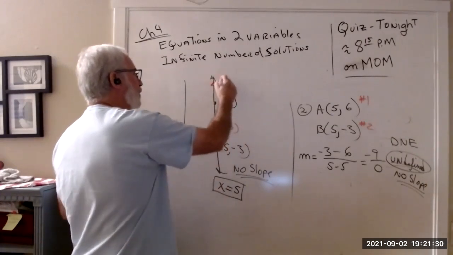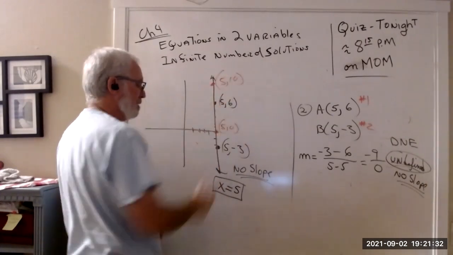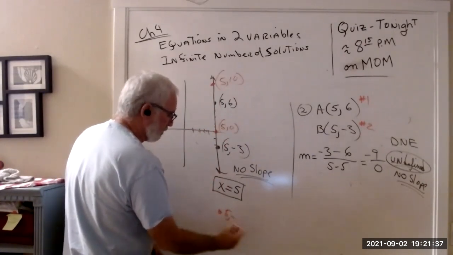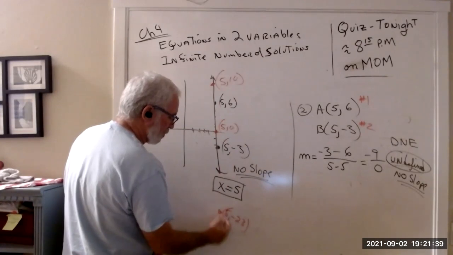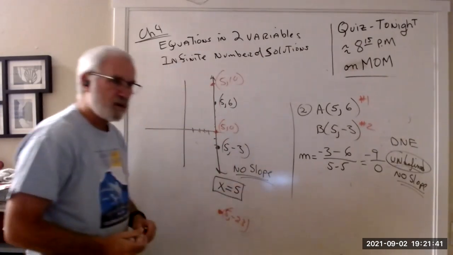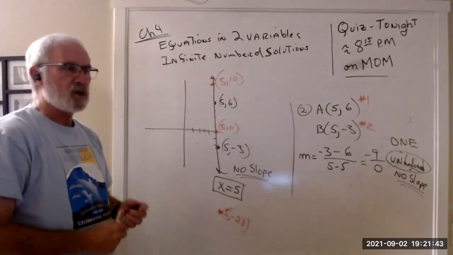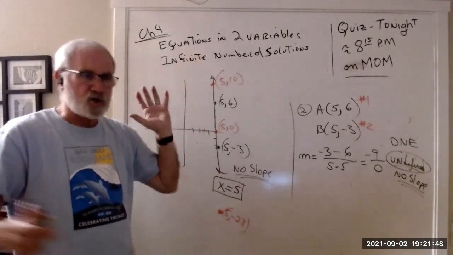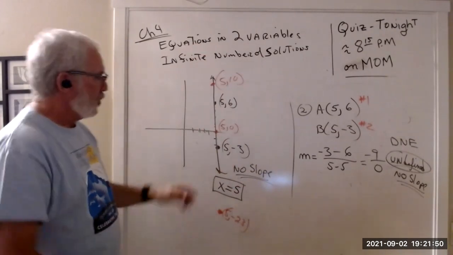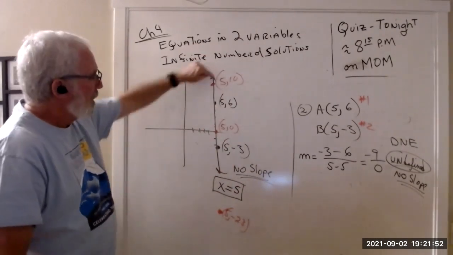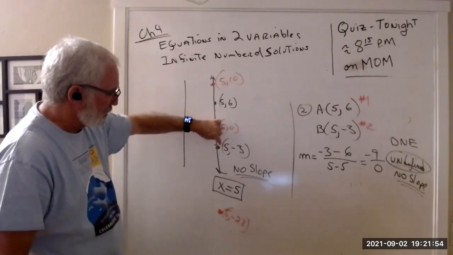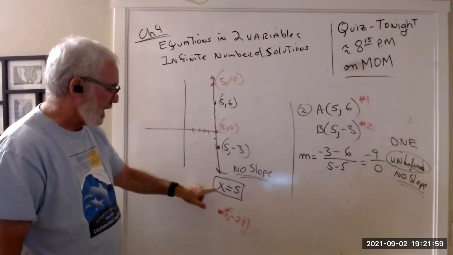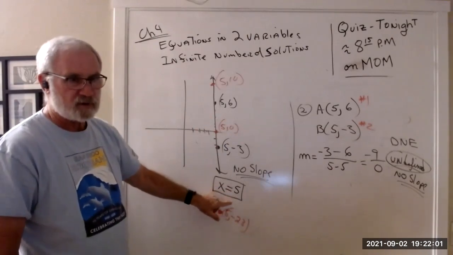Pick a point up here: 5, 10. Pick a point down here: 5, negative, I don't know, 23 or something screwy like that. This is a special line, a vertical line, and you don't need any super formula. You can look at it and see every single x is a 5. So its equation must be x equals 5.